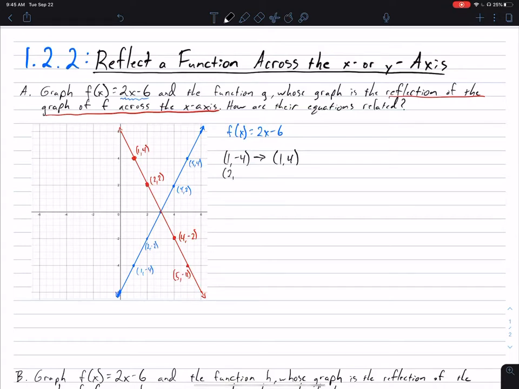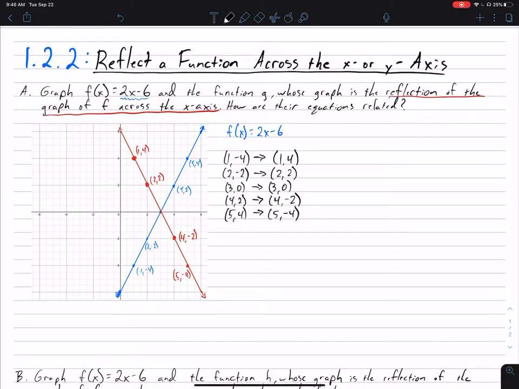I had 2, negative 2, and that became 2, 2. The point 3, 0 stayed the same. That was the one that was right on the x-axis. 4, 2 became 4, negative 2. And then finally, 5, 4 became 5, negative 4.